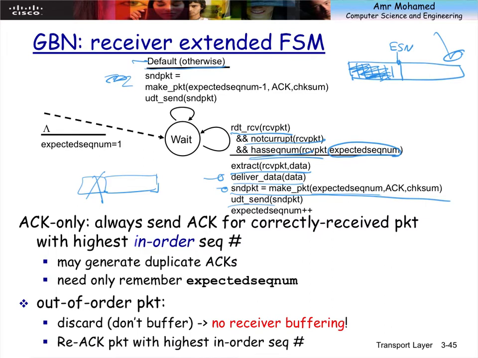In all other cases, what do we do here? We need to send some kind of negative acknowledgement, but we said that instead of sending negative acknowledgement, we send a positive acknowledgement of the last successfully received segment. That's why we have the minus one. So instead of sending negative acknowledgement to say that I received something in error, no, we tell it: look, I received up till here. You handle it. Okay?